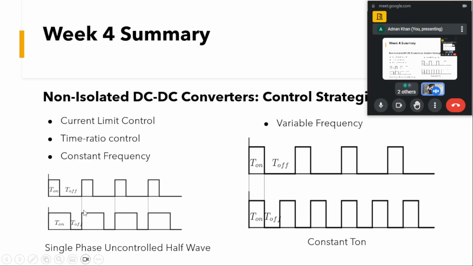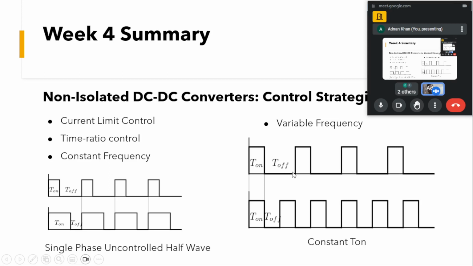That means we have to increase the duty of the device. One way we saw was to increase the on time of the device. The other way we can do it is to keep the T on time constant and decrease the T off time.